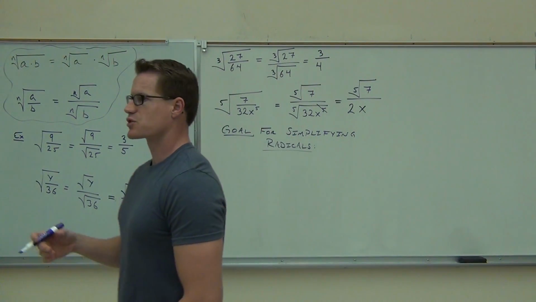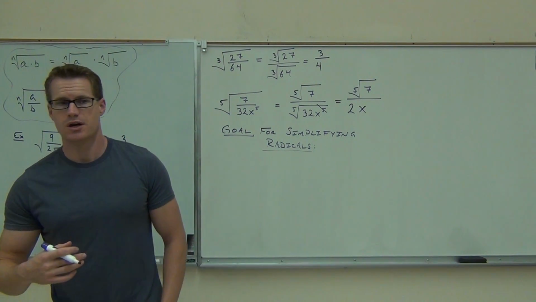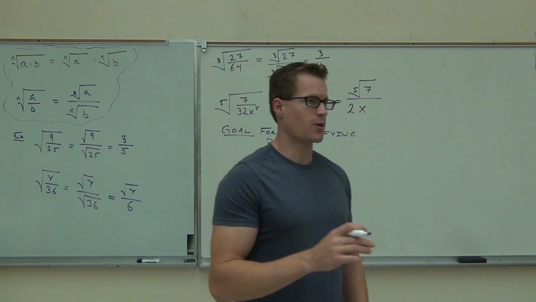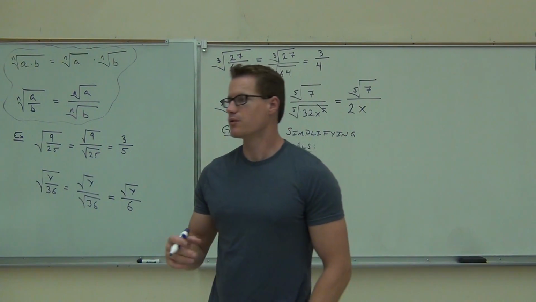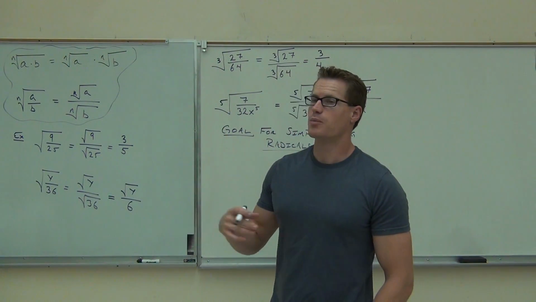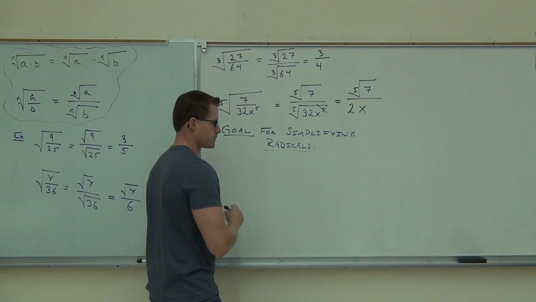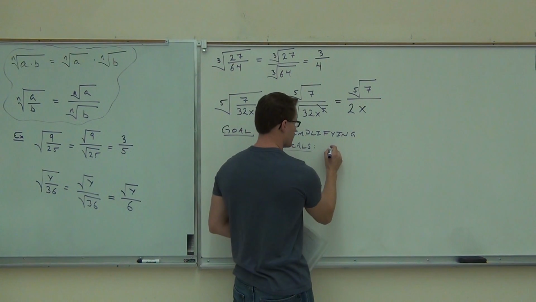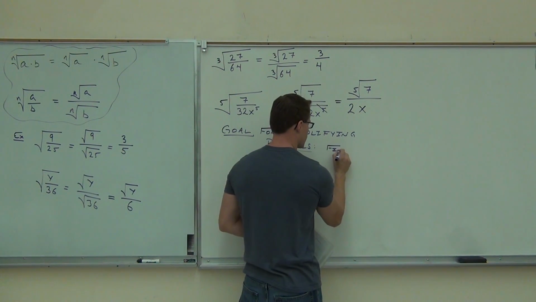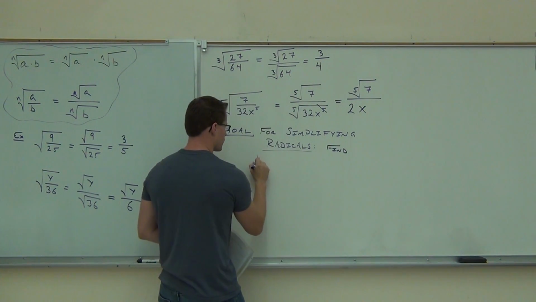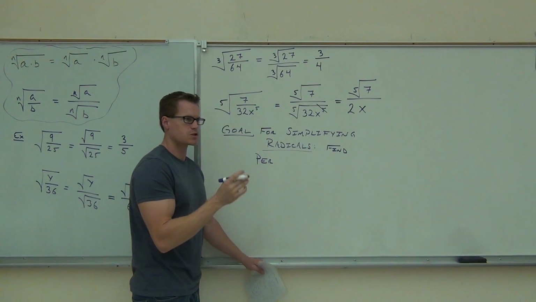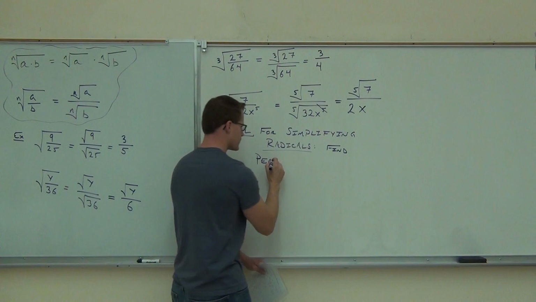If we have a square root, we're going to be looking for perfect squares. If we have a cube root, we're going to look for perfect cubes. If we have a fourth root, we're looking for perfect fourth powers. So what we're looking for when we're simplifying our radicals are perfect nth roots. I misspoke there. Perfect nth numbers, like square numbers or cube numbers.